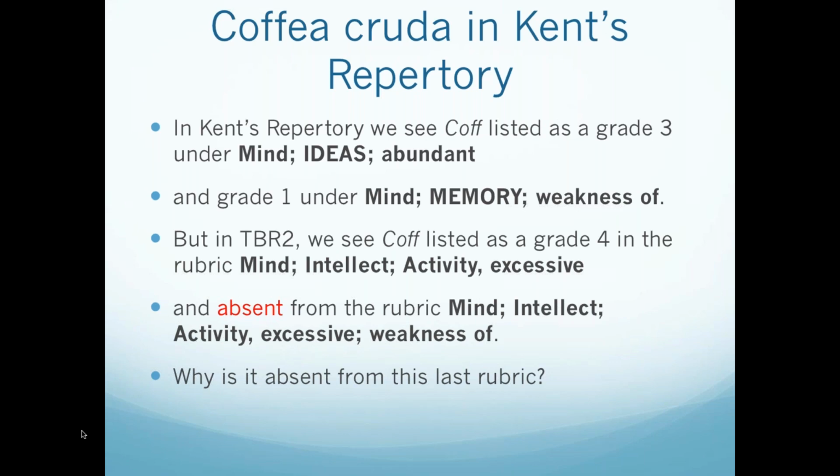But in TBR2, we see Coffea listed as a grade 4 in the rubric mind, intellect, activity, excessive, and absent from the rubric mind, intellect, activity, excessive, weakness of. Okay, so why is it absent from the last rubric? Because it's a secondary symptom, a counteraction symptom. So it's not included in TBR2.